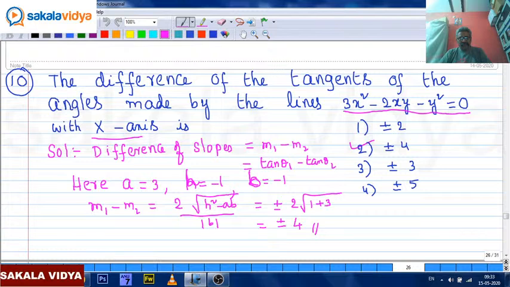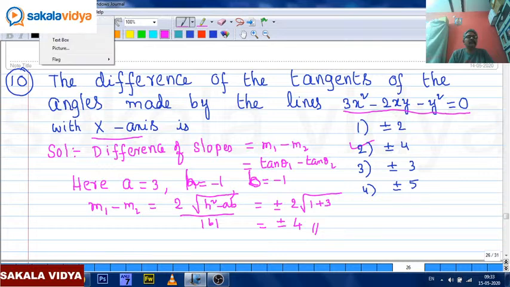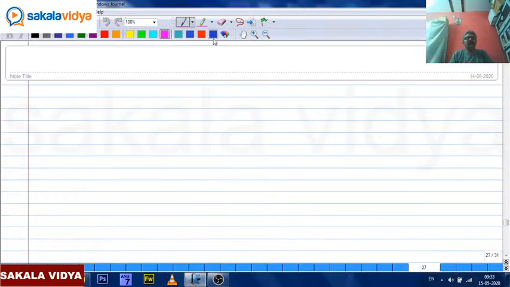So the 10th problem we have completed. Pair of straight lines.